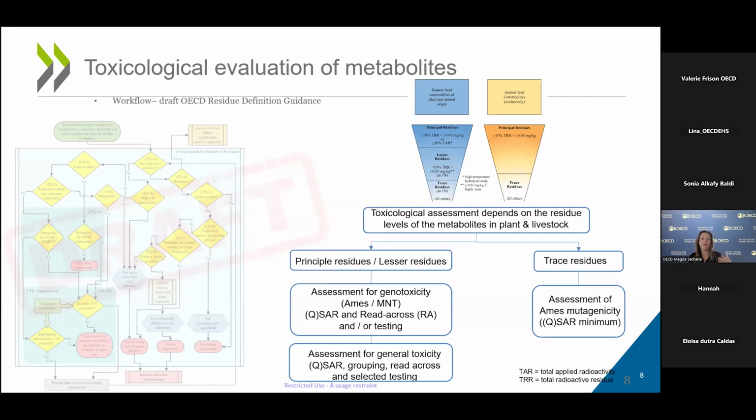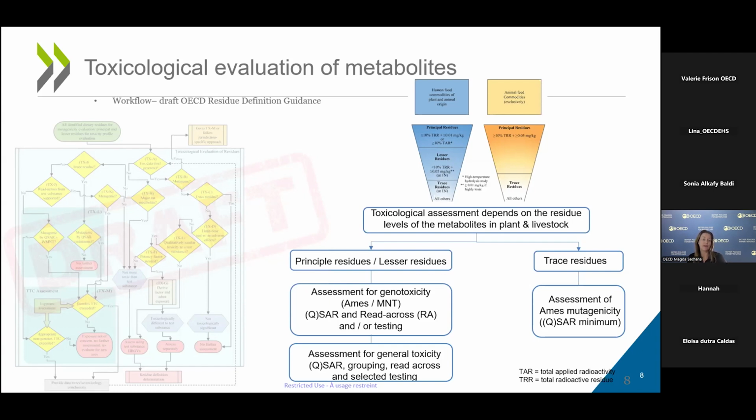For the residues that are in the biggest quantity, we need to know more information about the toxicology. There we can use in vitro methods like the Ames test or the micronucleus test, and look for potential genotoxicity. There is also the opportunity to use new methods, the quantitative structure-activity relationships (QSAR) and read-across approaches, and avoid testing.